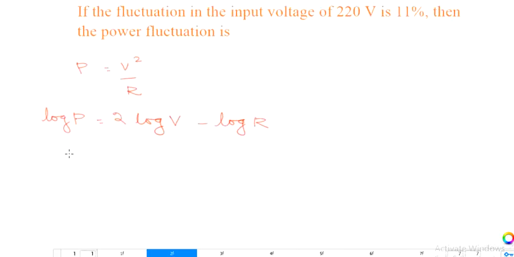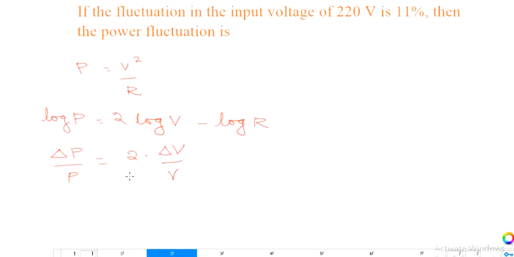After that, we get delta P divided by P equals 2 into delta V divided by V. Now, it is a calculation of percentage.